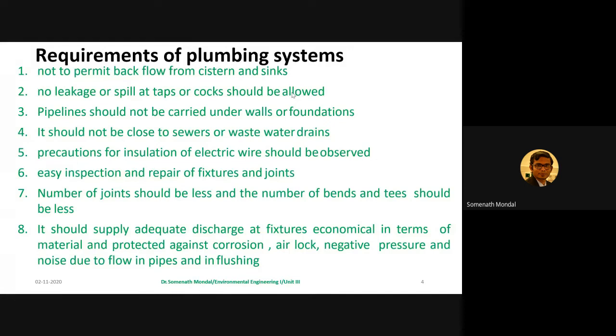Number 8, it should supply adequate discharge at fixtures, be economical in terms of material and be protected against corrosion. Air lock, negative pressure and noise due to flow in pipes and in flushing should be minimal, because these are hazards of operation and should be considered in order to reduce all sorts of losses.